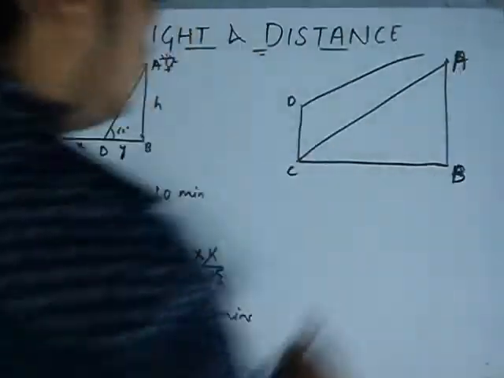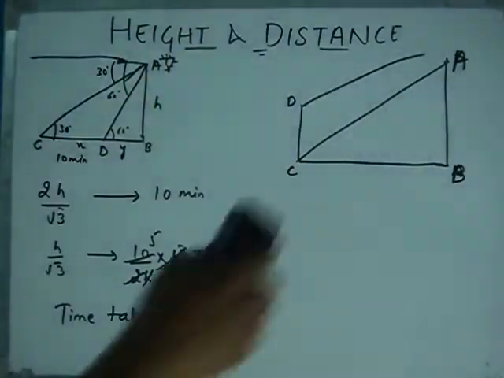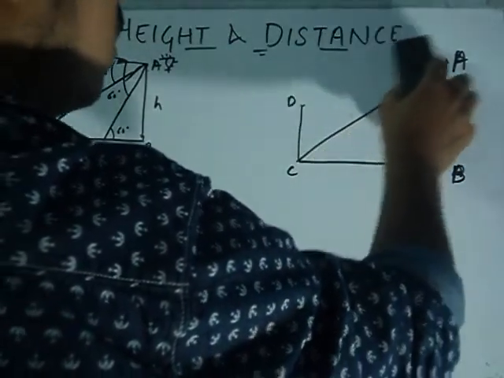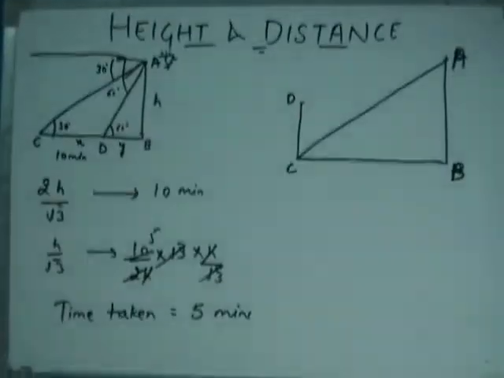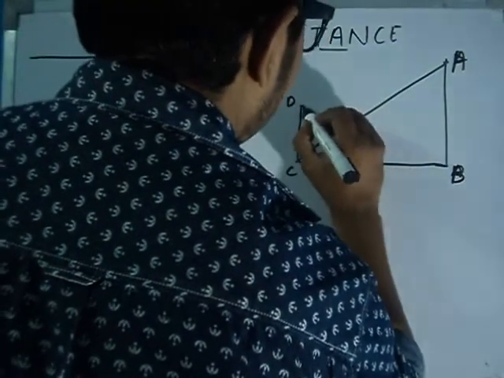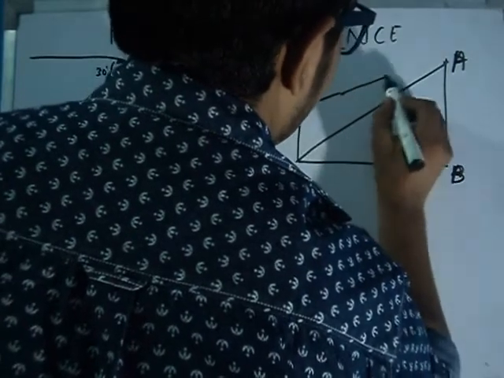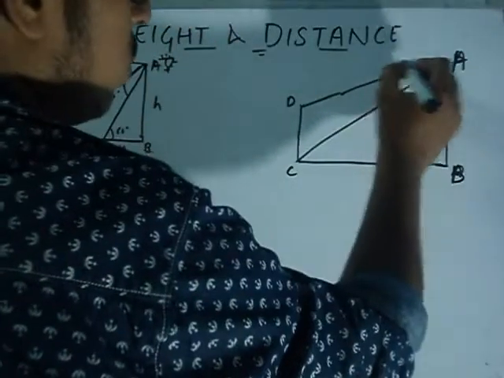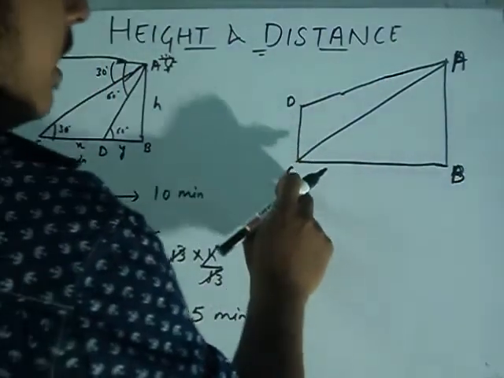Sorry, my diagram is quite tedious, my drawing is not good. These are two angles of depression when the person at A is looking at the top of this tower and the foot of this tower.